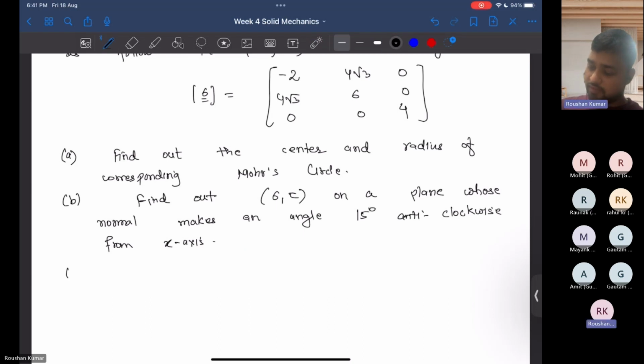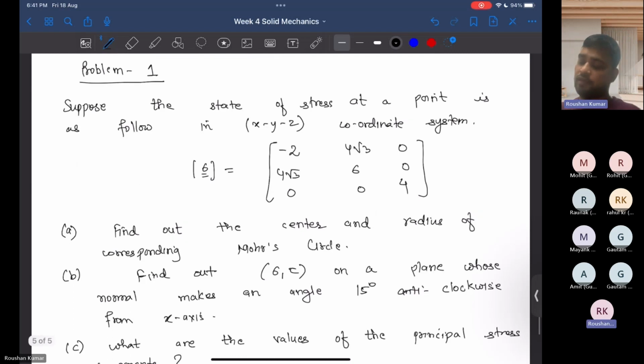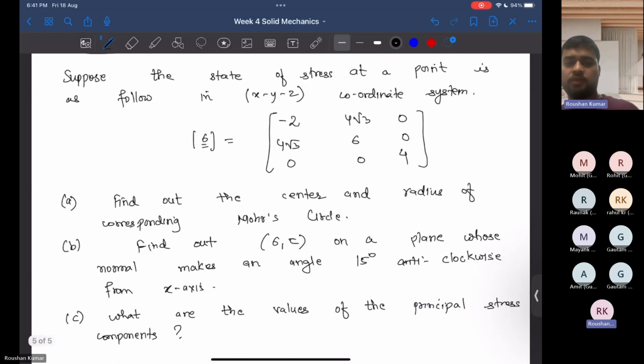The next question is question number C: what are the values of the principal stress components? So we have three questions based on the above statement.